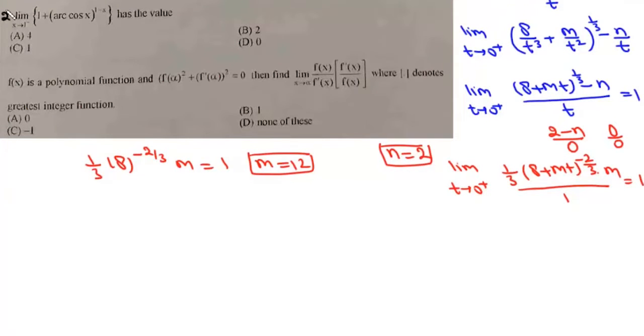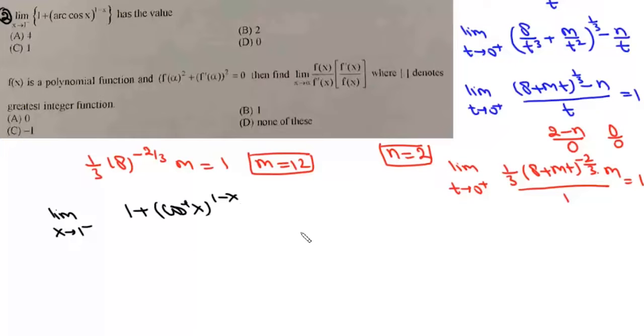Now this second question is: this limit, x tends to 1 negative, of (1 plus cos inverse x) to the power 1 minus x, has the value which is the following.